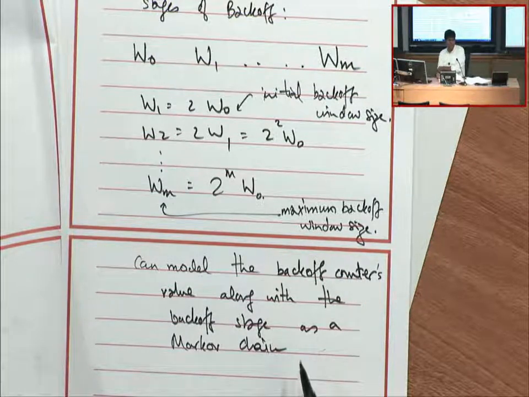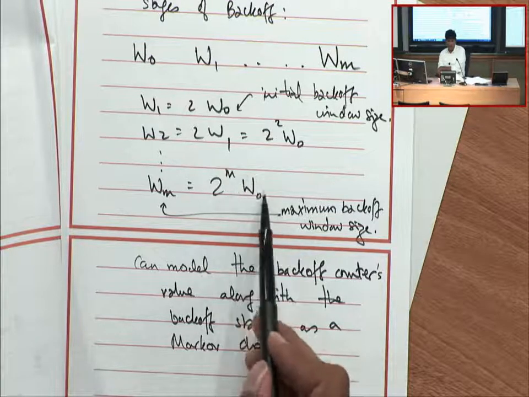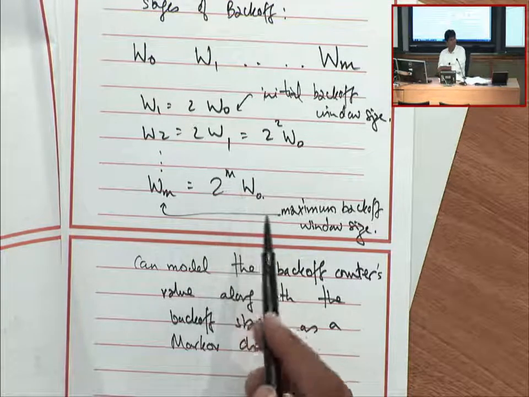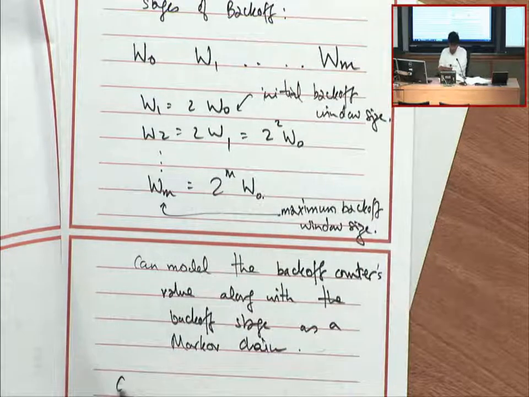And in the next class, we'll see that we can write this Markov chain if I tell you the parameters that are chosen in 802.11, which is the choice of W0 and M. These are the only two parameters. Right?